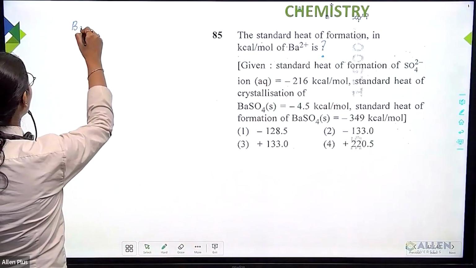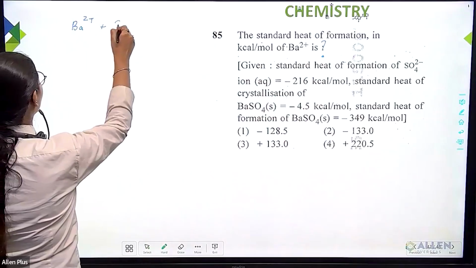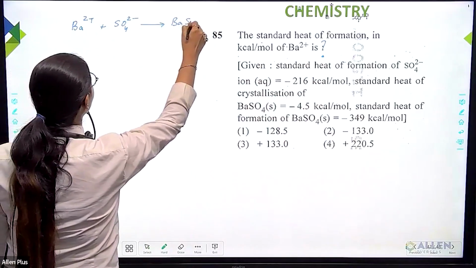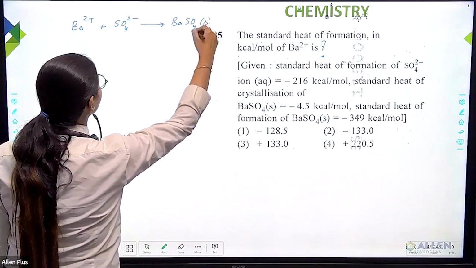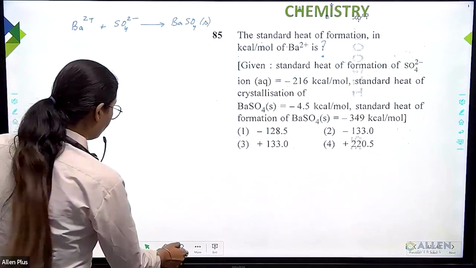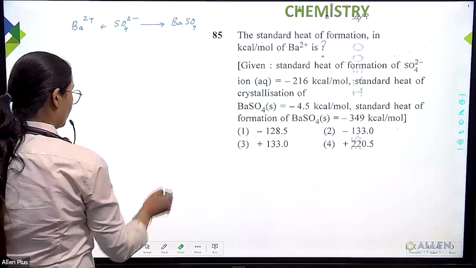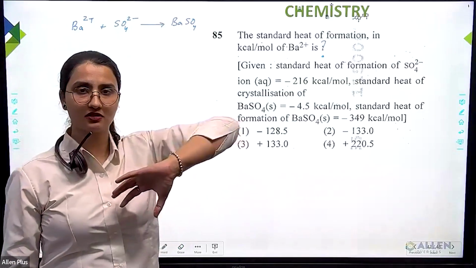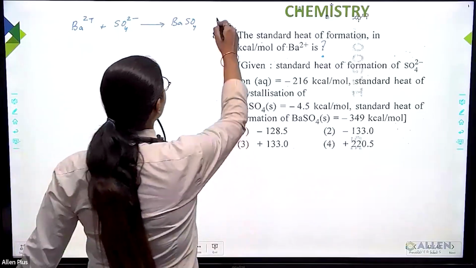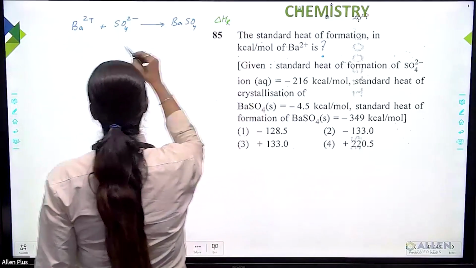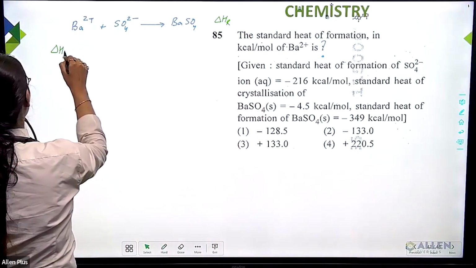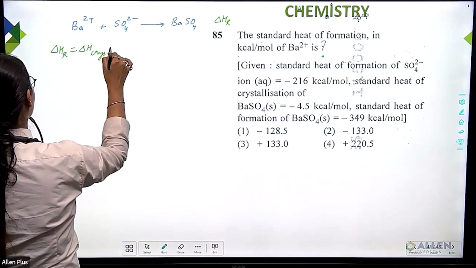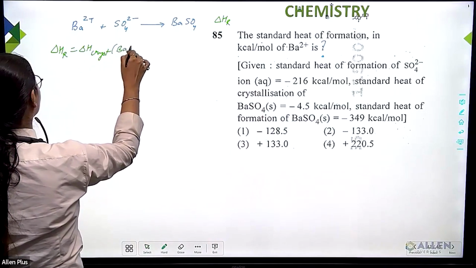What will be the equation? Ba+2 ion plus sulfate ion giving you what, students? BaSO4, right? This is the equation for the formation of the BaSO4 crystal. So for this reaction, delta H of reaction is what? Delta H crystallization of BaSO4.